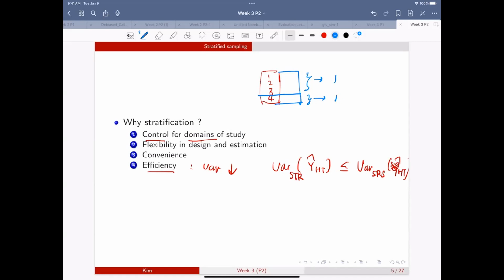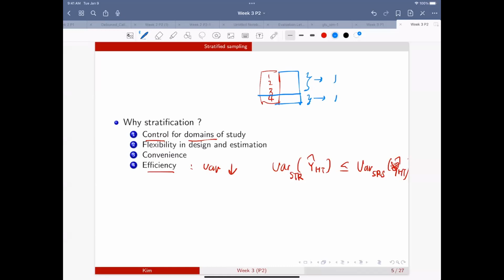Okay. And the assumption of the variation across strata: is there any assumption about the variation? Yeah, that's a good question. I will cover that soon. When I say efficient sampling design, I mean the sampling design should be good. So what do I mean by good?